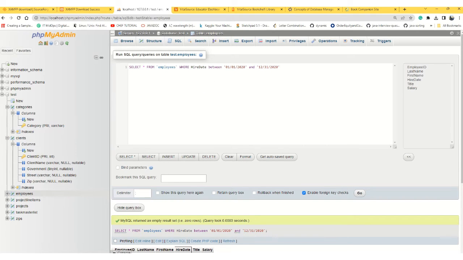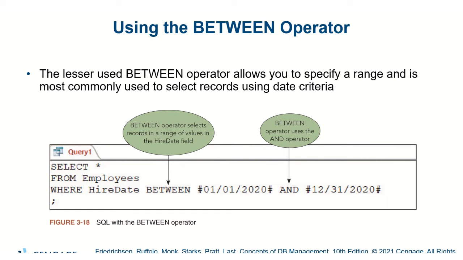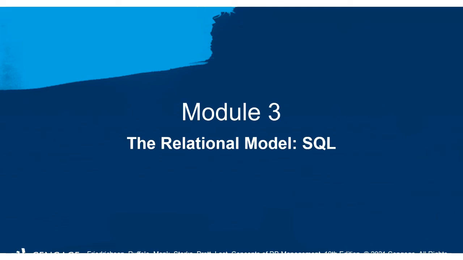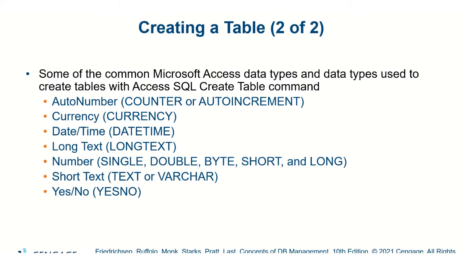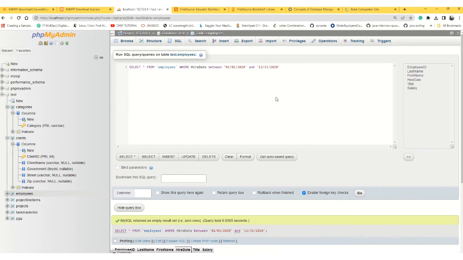So our query was this one, 01/01/2020 and 12/31/2020. Let's see here. Why don't I see any employees?